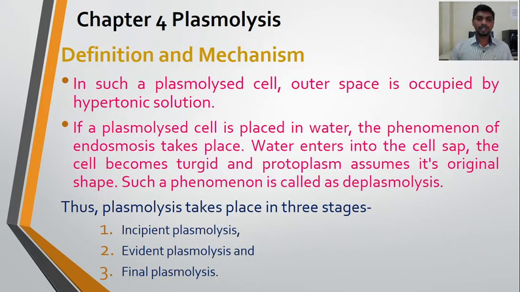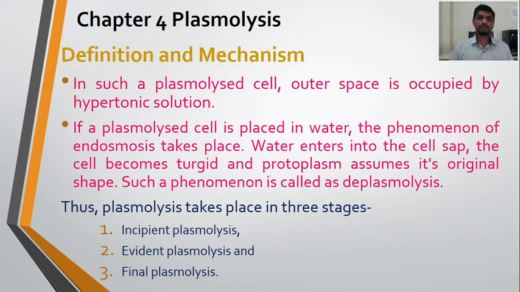Due to the shrinkage, the protoplasm appears in the center of the cell. This whole process of plasmolysis takes place in three stages. The first is incipient plasmolysis, the second is evident plasmolysis, and the last is final plasmolysis.